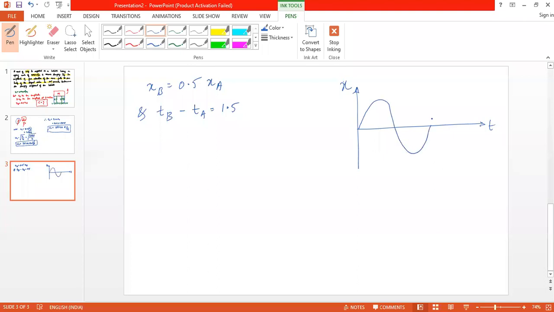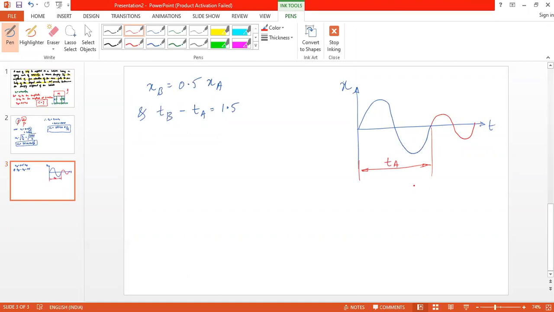Say this is the first cycle and this is the second cycle. Can you see this? Yes, sir. What is the time taken to cover the first cycle?